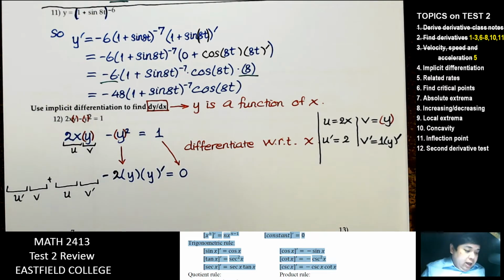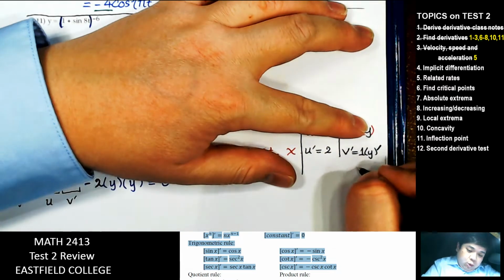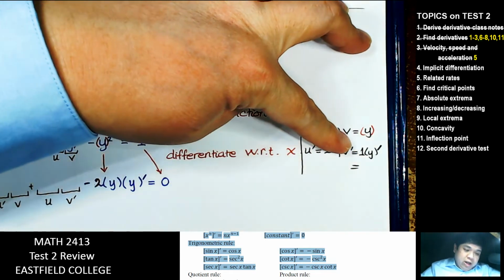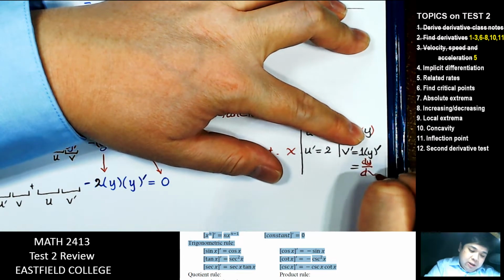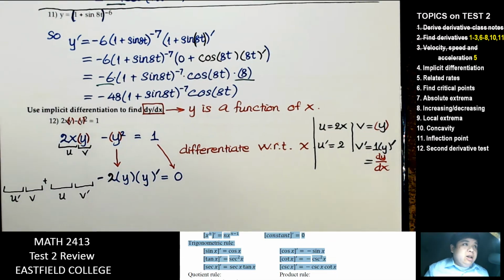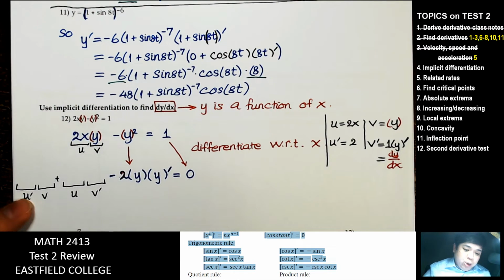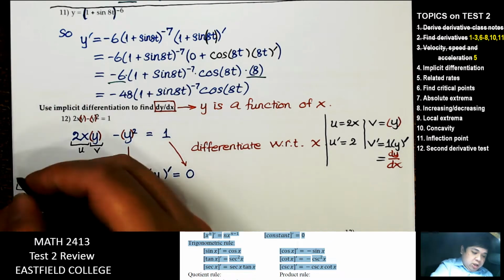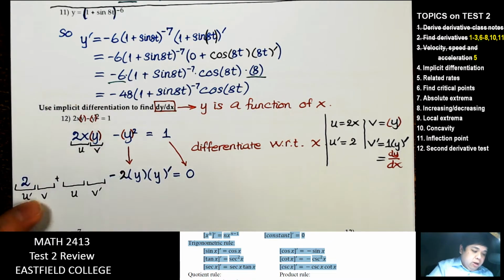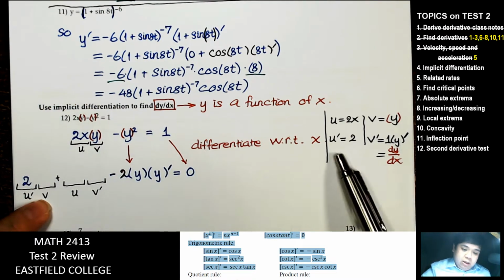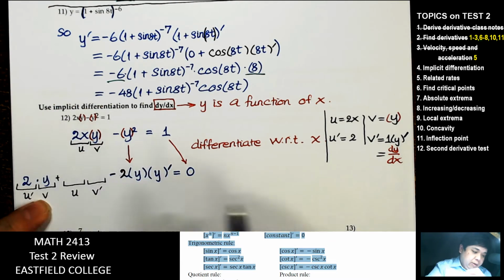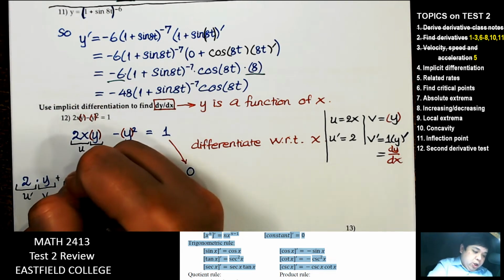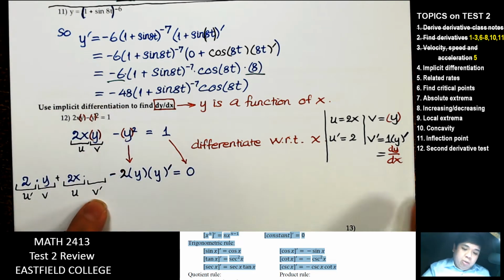Right. That will be just y prime. You can write it as dy over dx, which is the same as here. Right. Now put things together. U prime will be 2, v will be just y, u is 2x, v prime is dy over dx.